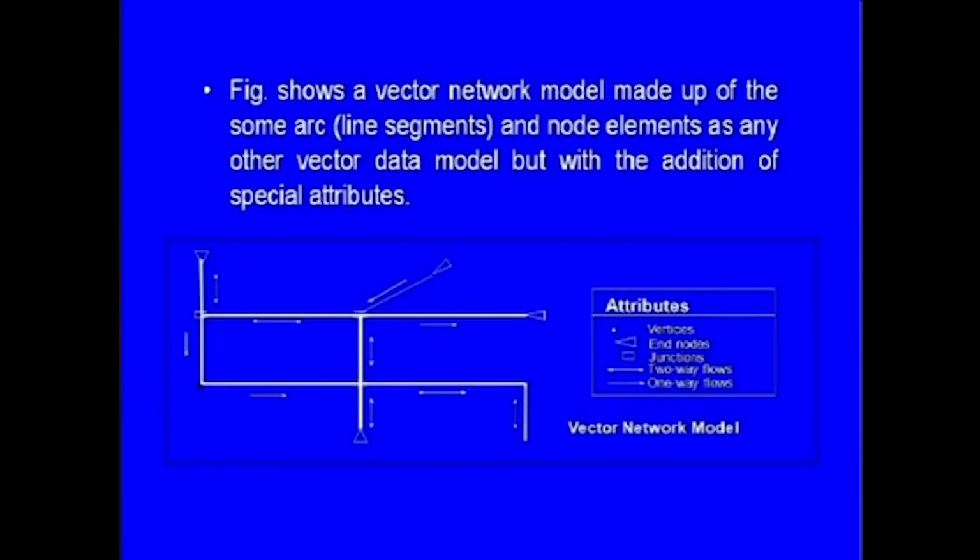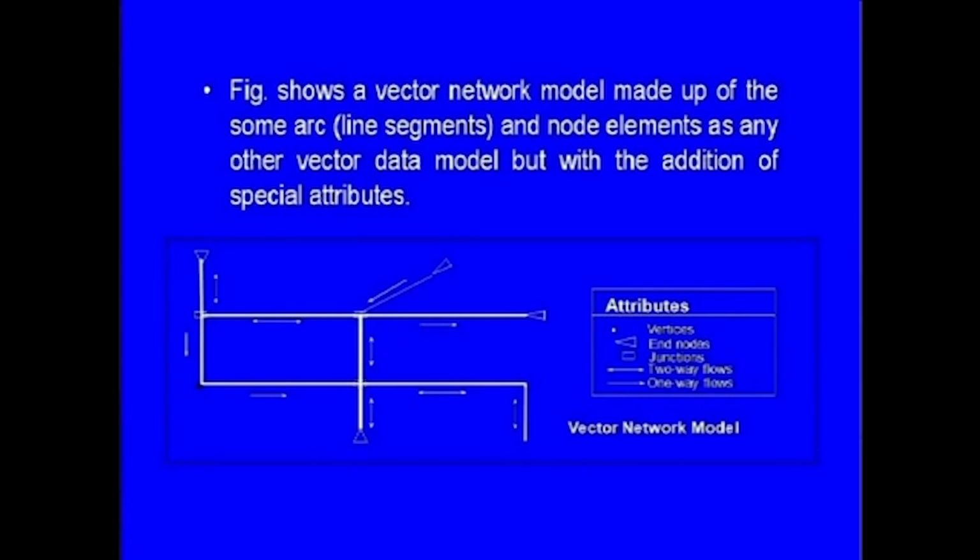The figure below shows a vector network model made up of some arcs, that is line segments, and node elements as in any other vector data, but with the addition of certain special attributes. Here the double arrow represents two-way flows, while single arrows represent one-way flows.